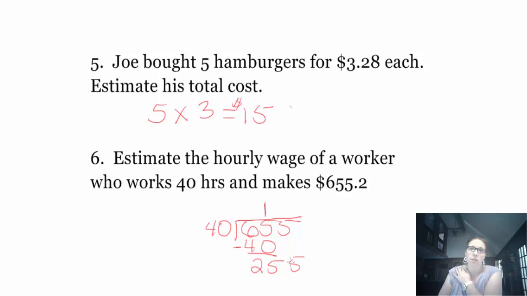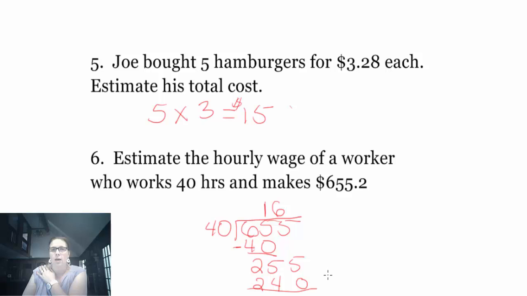$255, and then that goes into it. I gotta look at my notes. 6 times. 6 and 4 is 24. So it's close.